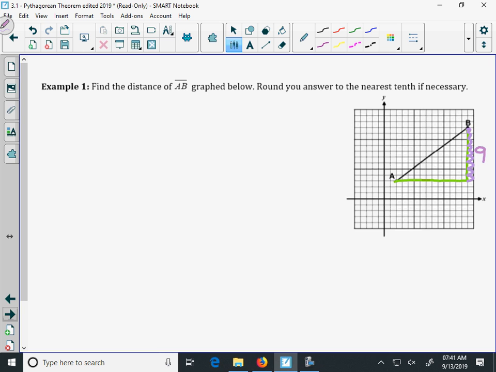So the length of that side is 9. When I count on the bottom, this is 1, 2, 3, 4, 5, 6, 7, 8, 9, 10, 11, 12. So we know this side is 9, that side is 12, and we're trying to find AB.